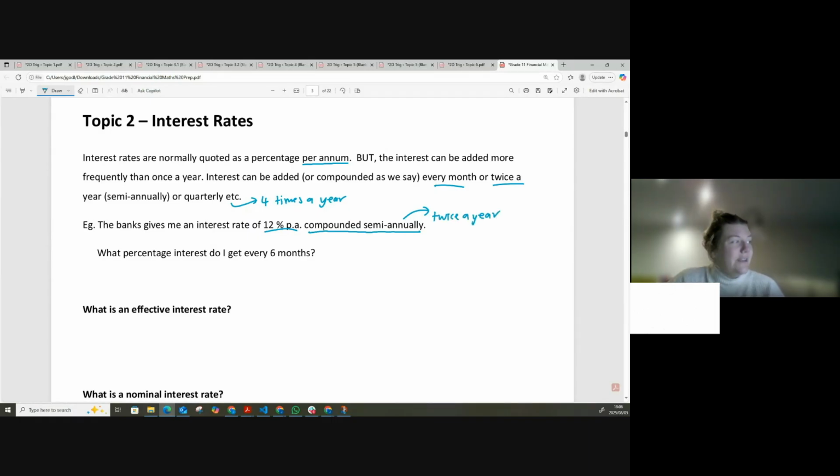So we're going to take our 12% and we're going to divide it by 2, because I'm going to have 2 payments in the year. Which means every 6 months, I'm going to get 6% interest.